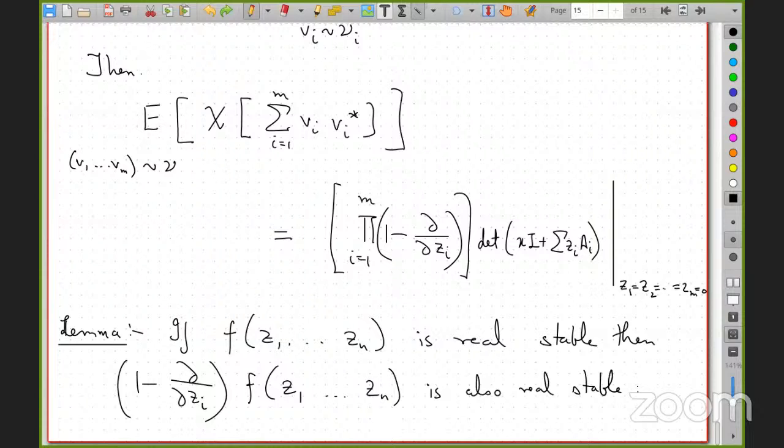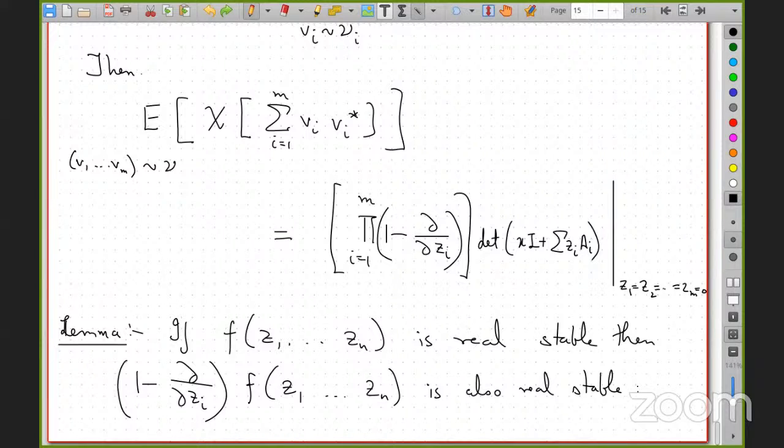So far I've seen that taking derivatives retains real stability. What I'm saying now is that if you take the derivative and then subtract it from the original polynomial, that is also real stable. So given these two lemmas, the proof would be done, right?